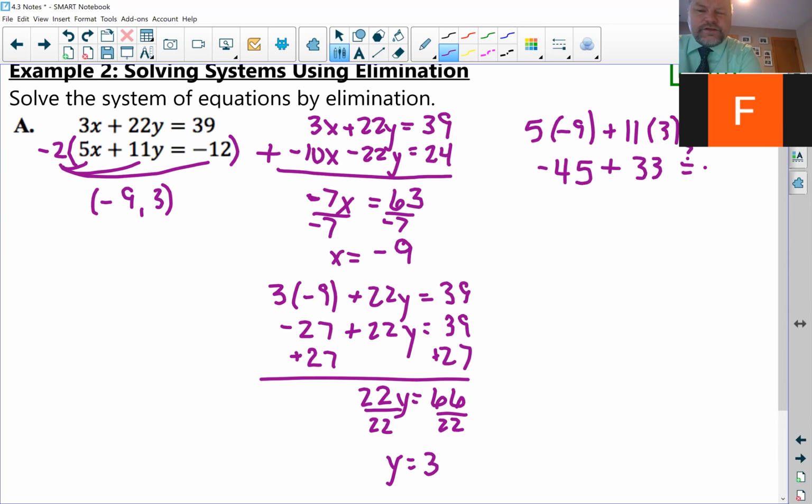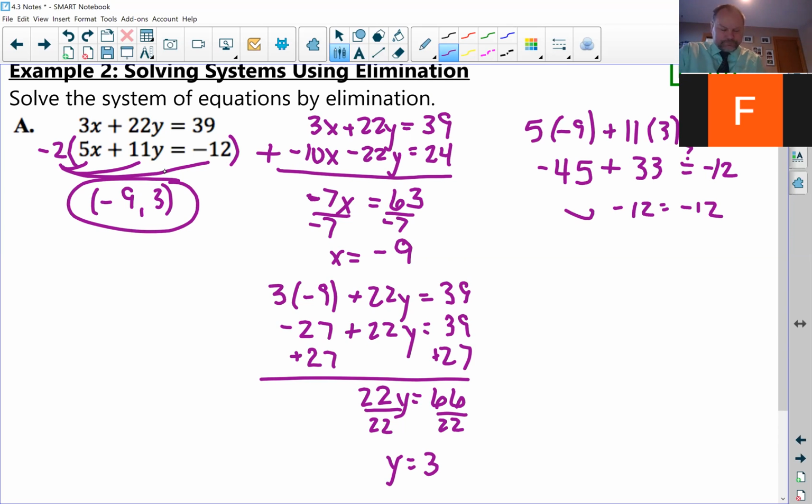Is that equal to negative 12? Indeed, it is. So that's good. We get that as a solution. All right.